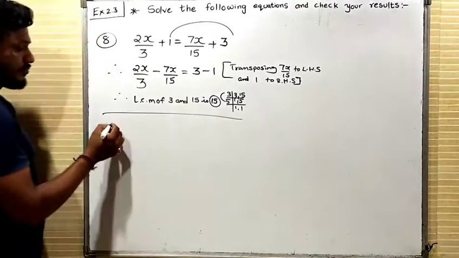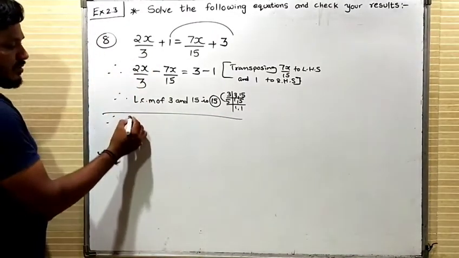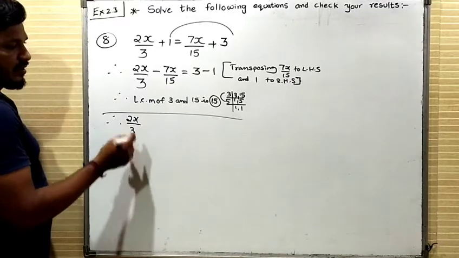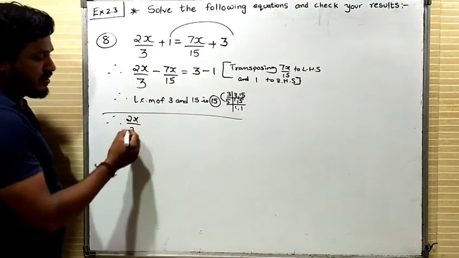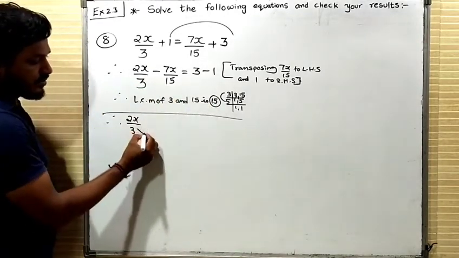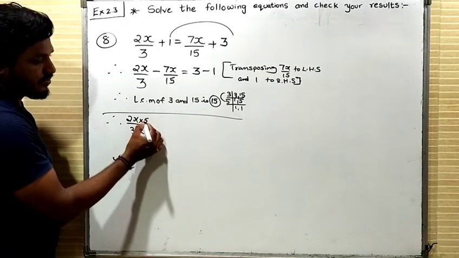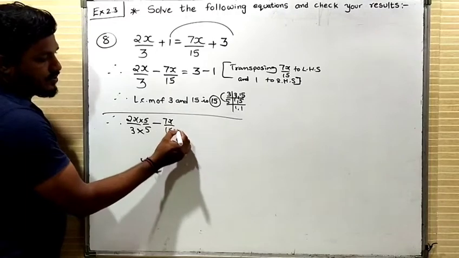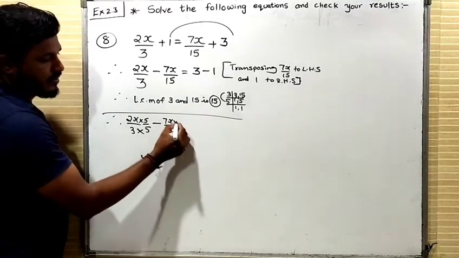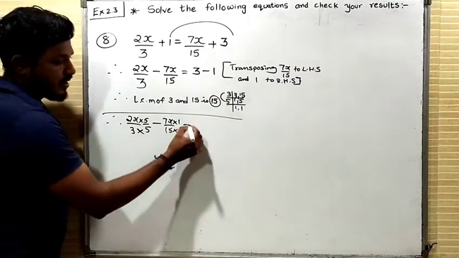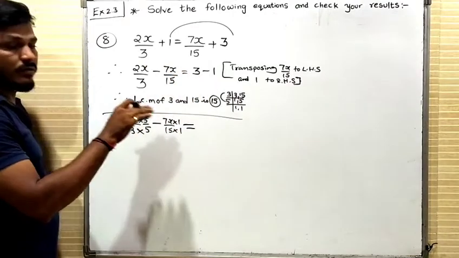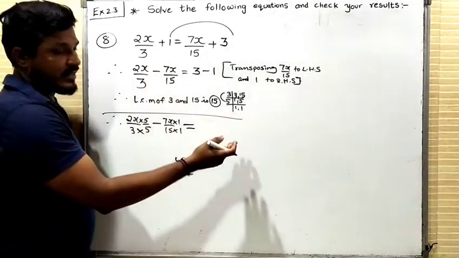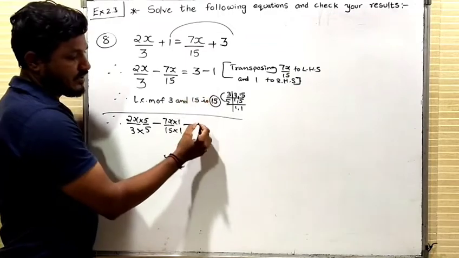Now 2x by 3. Now equalize the denominator. To get 15 over here, the 3 should be multiplied by 5. The same value you have to take in the numerator. Write down 7x by 15. 15 should be multiplied by 1 to get 15. The same value you have to take in the numerator. And whatever value is left toward your right hand side, that is 3 minus 1 gives 2.